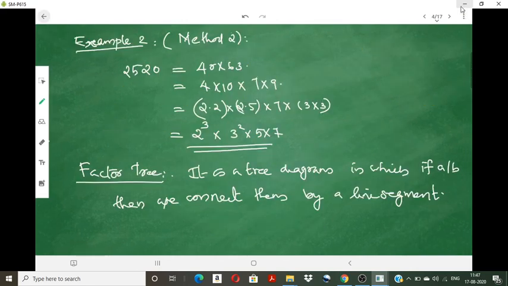We can draw a tree diagram for this problem. First we write the number at the top. The number is 2520, and we know it is a product of 40 and 63.